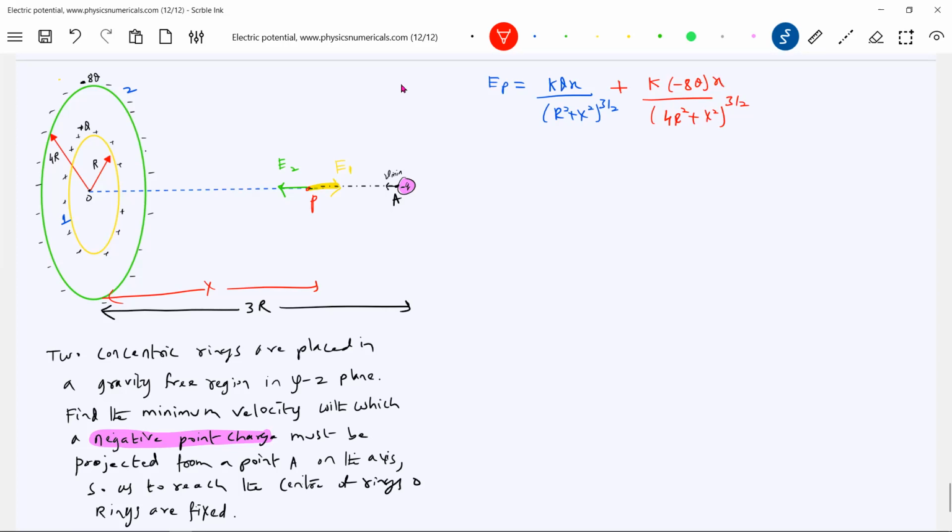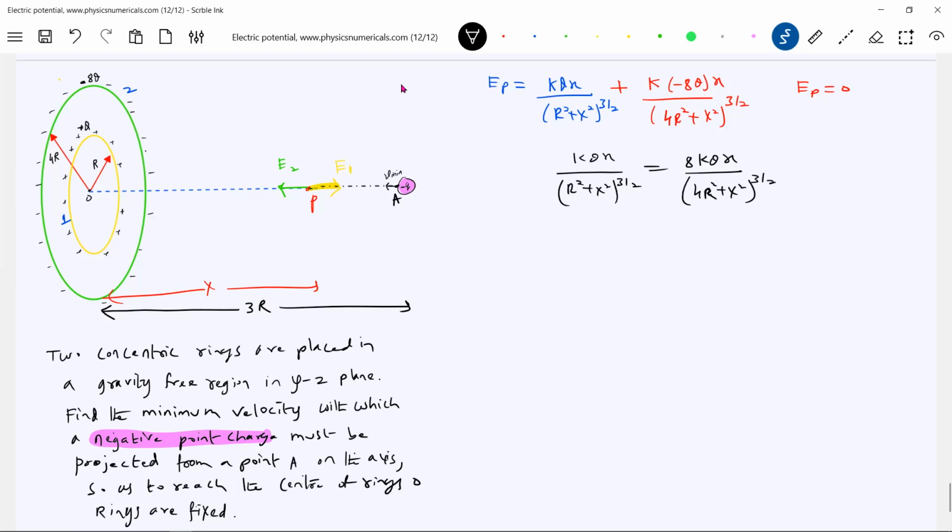Now look at this one. Let me check, is it 0 anywhere? Let me solve it. If I solve it, kqx over (r square plus x square) to the power 3 by 2 equals 8 kqx over (4r square plus x square) to the power 3 by 2.